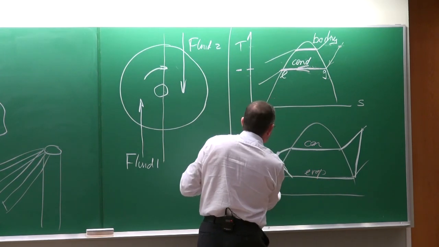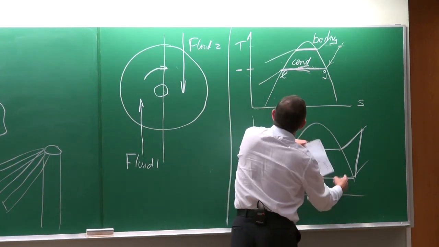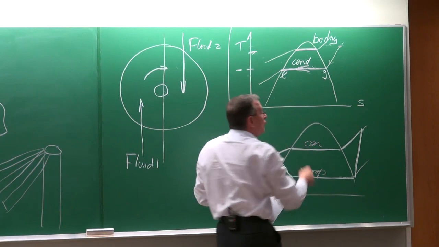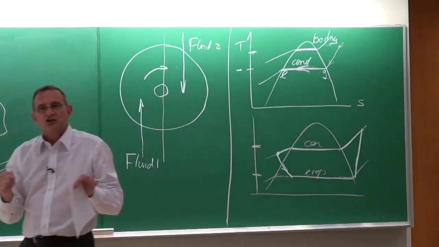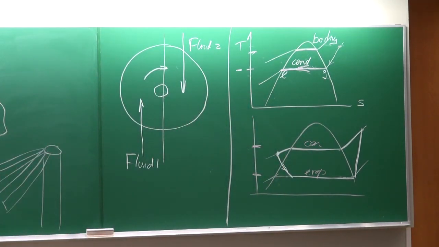However, what is important is during those two processes and during the process of boiling, the temperature remains constant. And if you can get the temperature of your heat exchanger to remain constant, you always have a very effective type of heat exchanger.